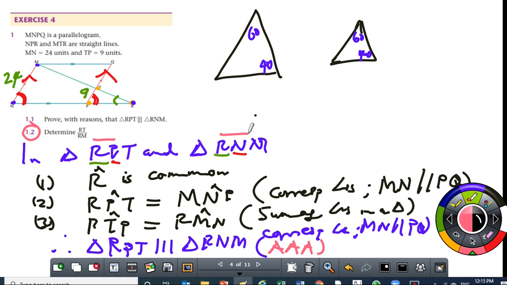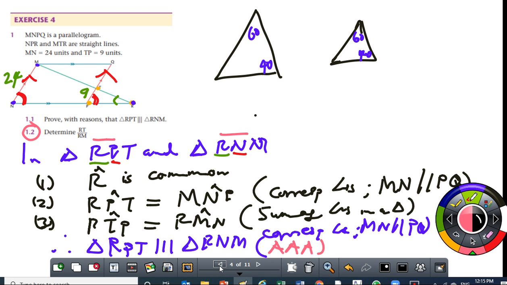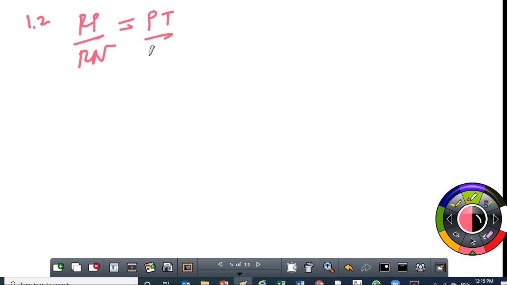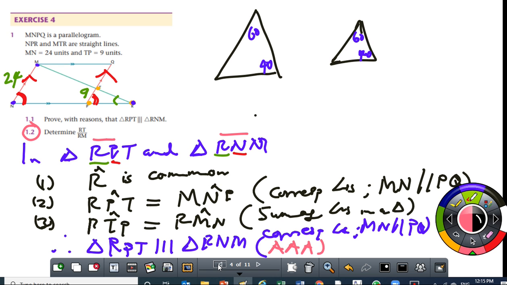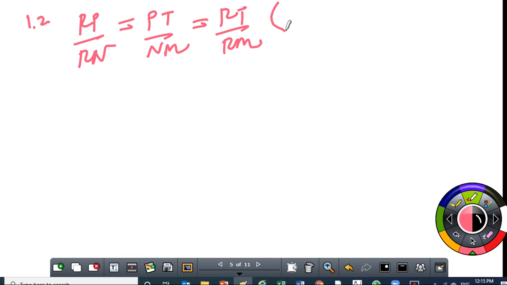So I write RP divided by RN is equal to PT over NM. That's also equal to RT over RM. You must give a reason here. Your reason is similar triangles, because I have proved that the triangles are similar.